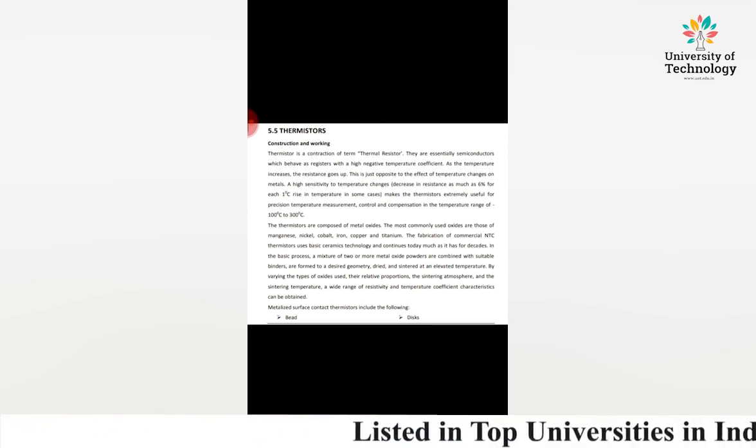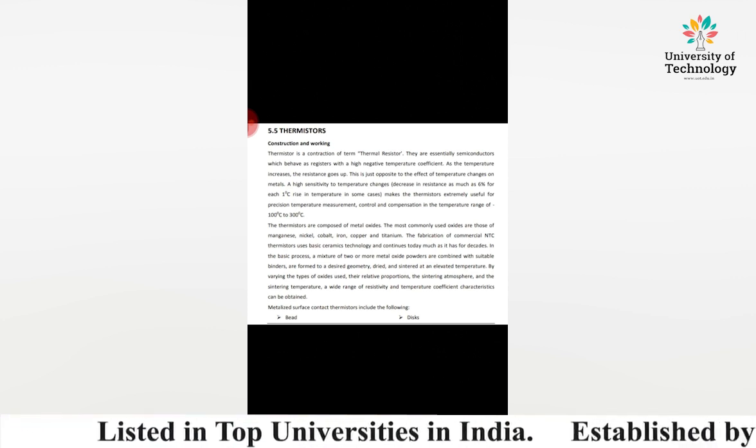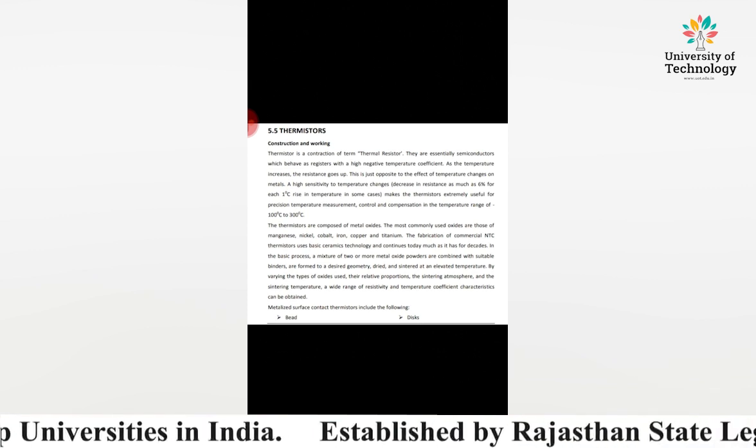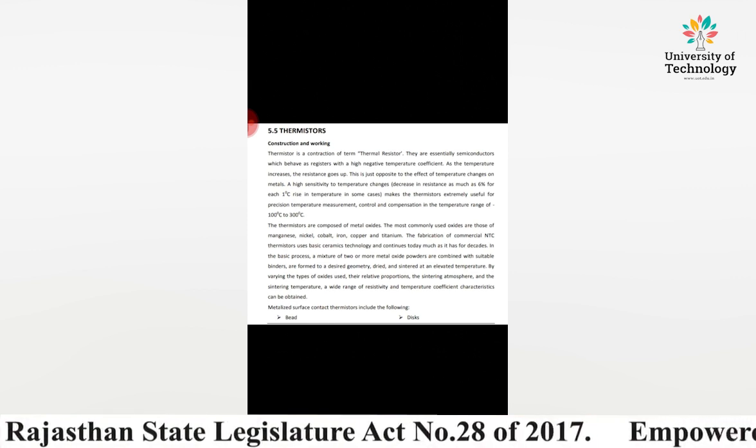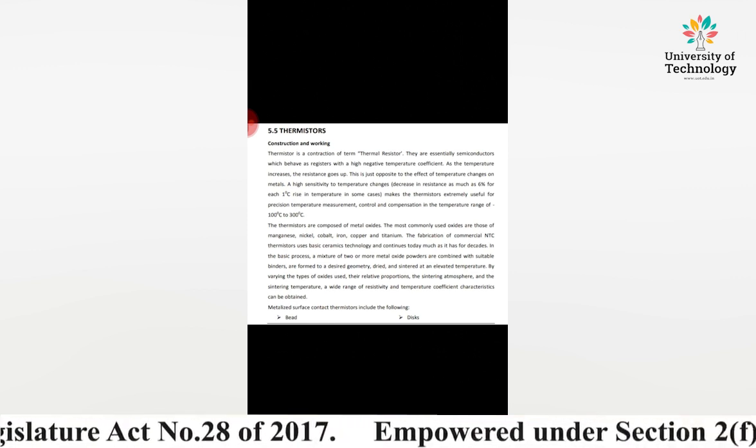By varying the types of oxide used and their relative proportions, the sintering atmosphere and the sintering temperature, a wide range of sensitivity and temperature coefficient characteristics can be obtained.